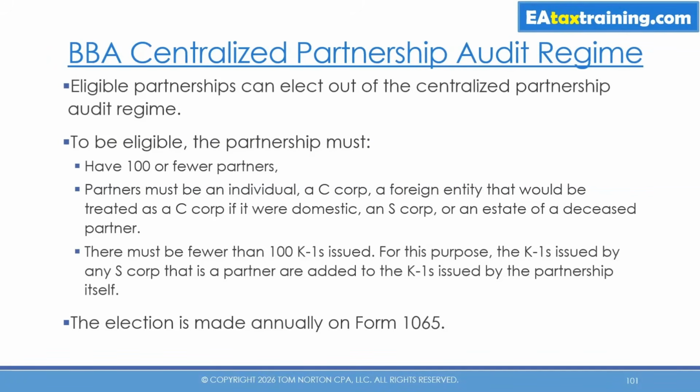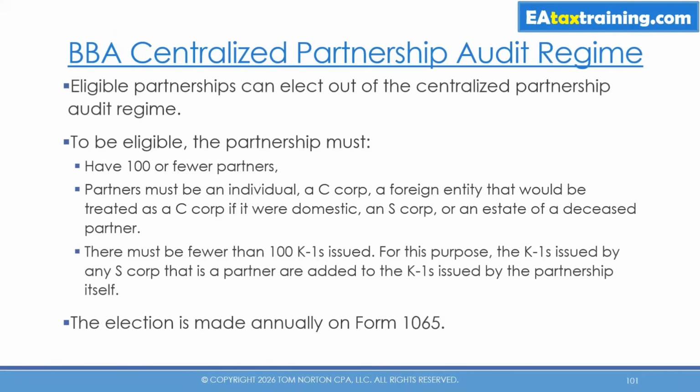But let's say 20 of those 80 partners are S corporations. And those 20 S corporations in total issue 50 K1s. Now you've got 80 K1s from the partnership, 50 K1s from the S corps. That's 130 K1s. You do not qualify to elect out of the centralized partnership audit regime.